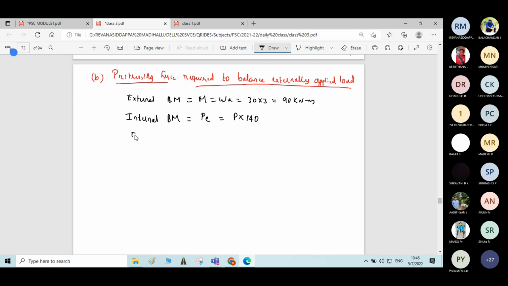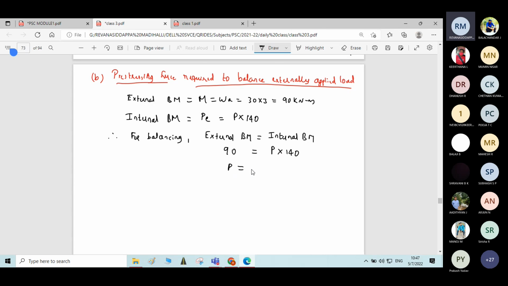Therefore, for balancing, the external bending moment should be equal to the internal bending moment, that is bending moment due to internal prestressing force. Then only it will be balanced. So external bending moment 90 is equal to internal bending moment P into 140. By this you can work out the answer for P.